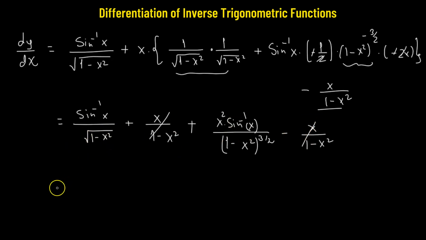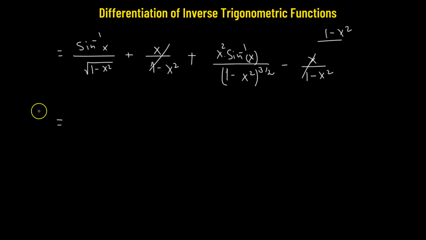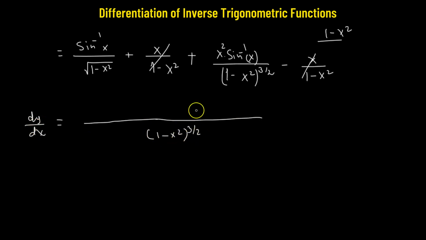Now let's combine these two terms. So this will be dy over dx with 1 minus x squared raised to the power of 3 over 2 as the common multiple for both denominators. In the numerator, we'll have 1 minus x squared multiplied by sine inverse of x, plus x squared times sine inverse of x.